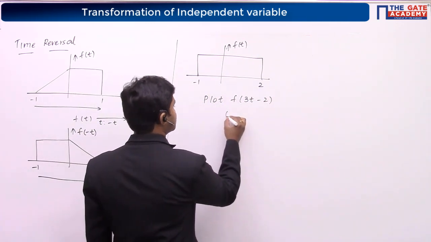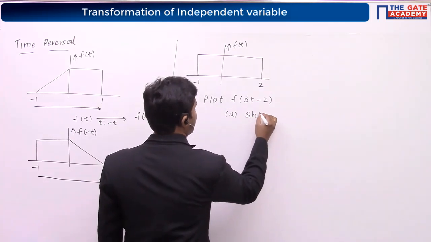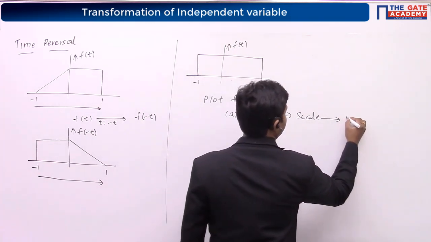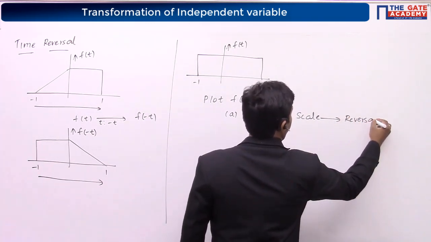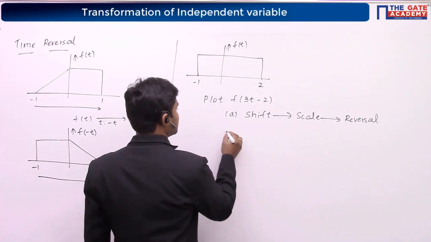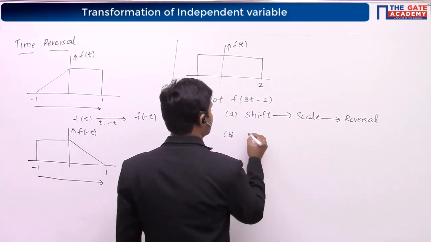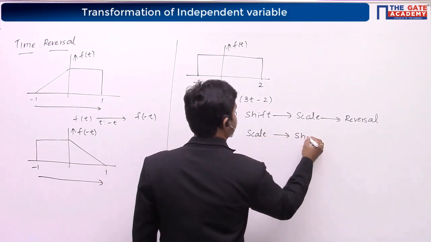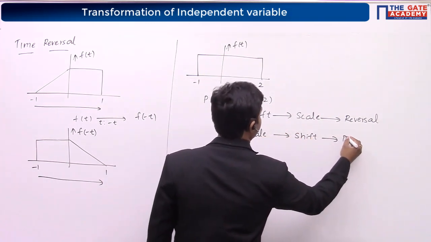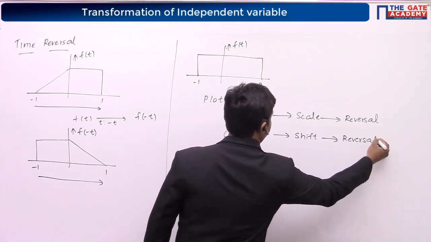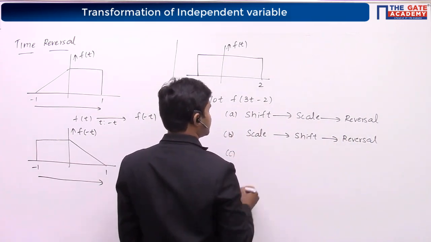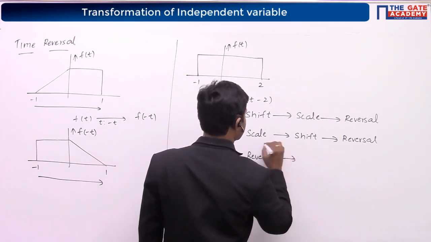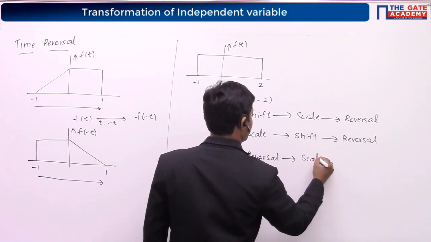The first approach is the standard operation: shifting, scaling, and then reversal. The second is we start with scaling, then shifting, then reversal. And third is we do reversal, and then shift, and then scale.